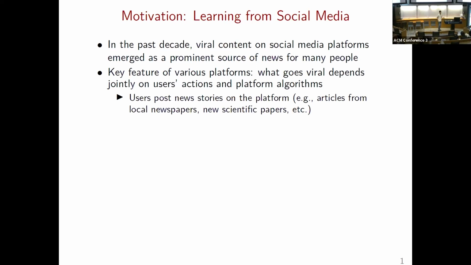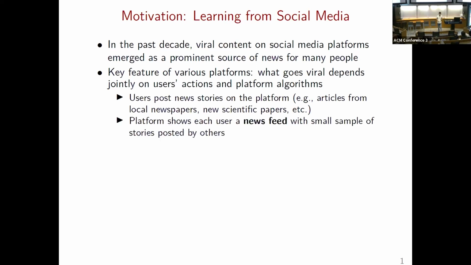What we have in mind is types of platforms, and I'll give examples in a moment, where users post various types of stories that contain some potential information on the platform. Platforms, like was just motivated in the last talk, don't show people everything that's been posted.